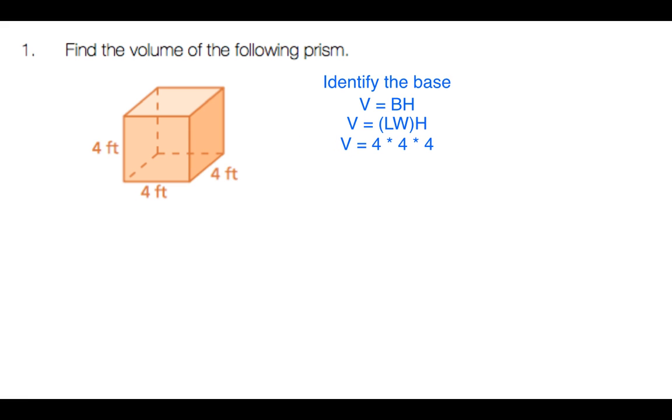We have our length as 4, our width as 4, and our height as 4. So 4 times 4 times 4 is 64. But we're not done because we need to add in our units. So we have 64 feet cubed, or 64 feet to the third power.